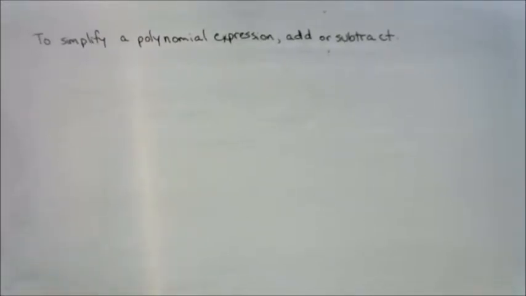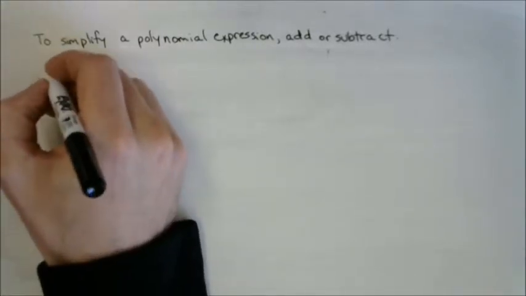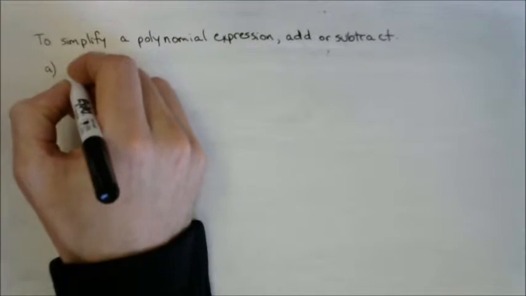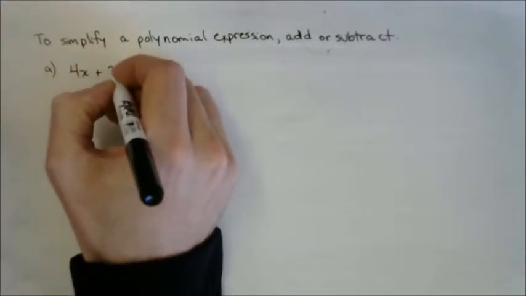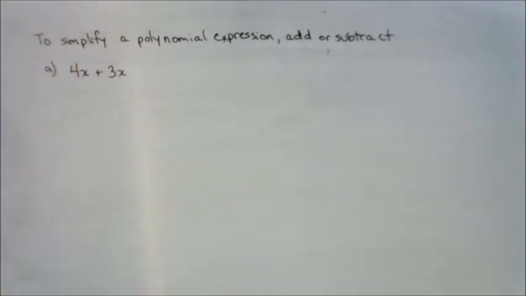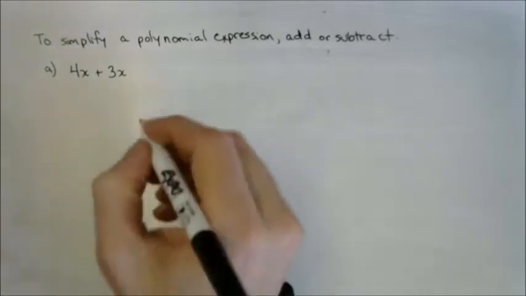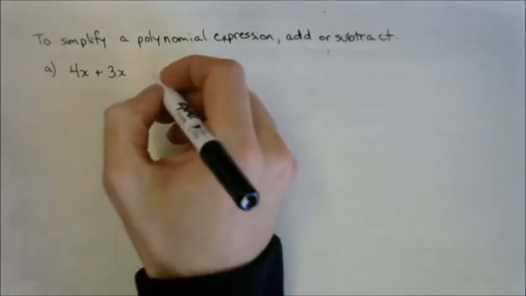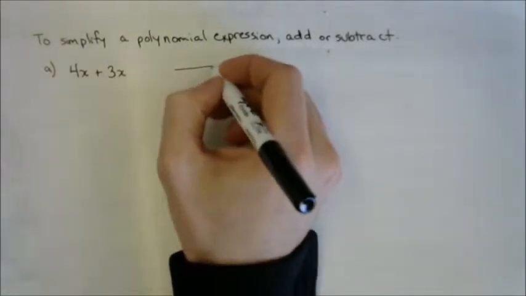He said sometimes there's extra terms in a polynomial, but since they have like terms, they have identical variables, we can just add them together in order to simplify. So the first one that we have here is 4x plus 3x. Do we have like terms? Yes. So let's draw it out quick using our algebra tiles.